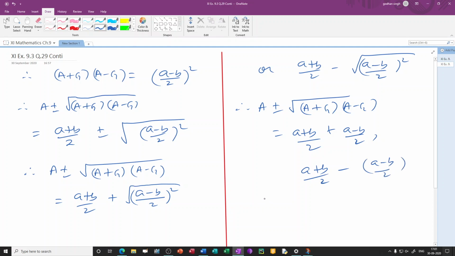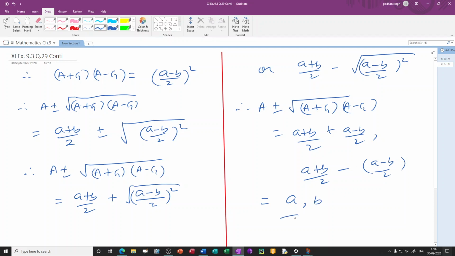So that is equal to, if you simplify this further, we will be getting denominator is same, so we can add the numerator. So this will become 2a by 2, so that is a, and the second portion will give us a plus b minus a, so a and minus a will cancel out, then b plus b, that is 2b over 2, so we will be getting b.